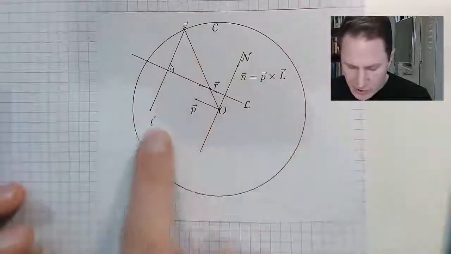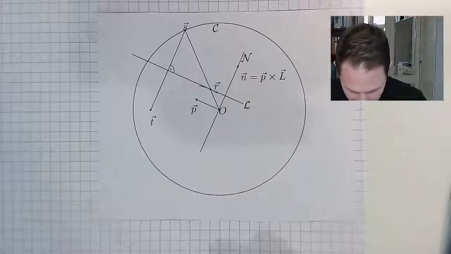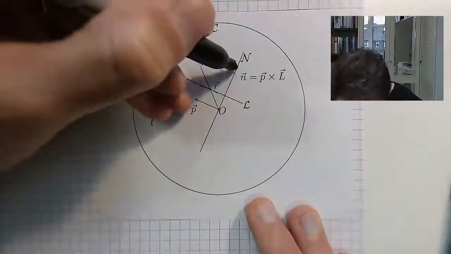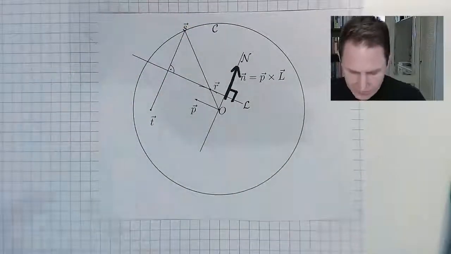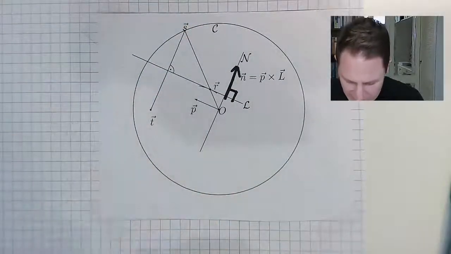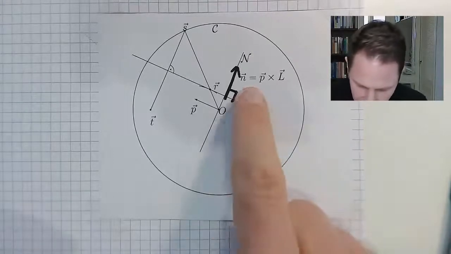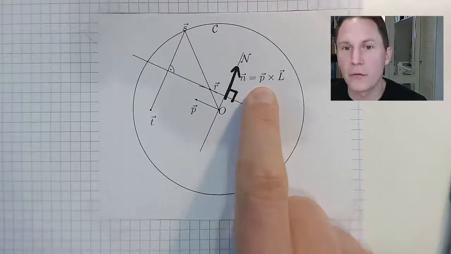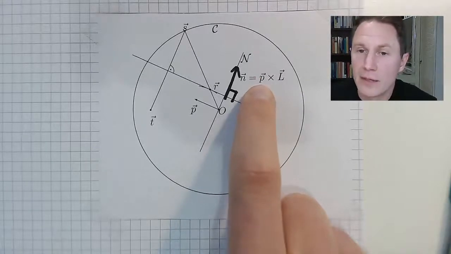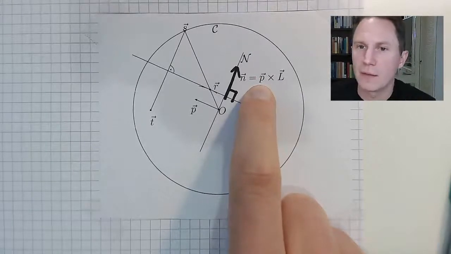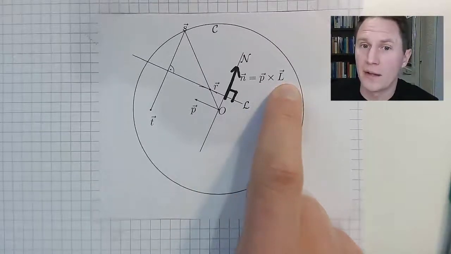What we have here is this circle from which the planet can't escape, and then I want a vector that is perpendicular to the tangent line of the orbit. Such a vector could be the cross product of the linear momentum vector, that's just the mass times the velocity vector, and the angular momentum vector.